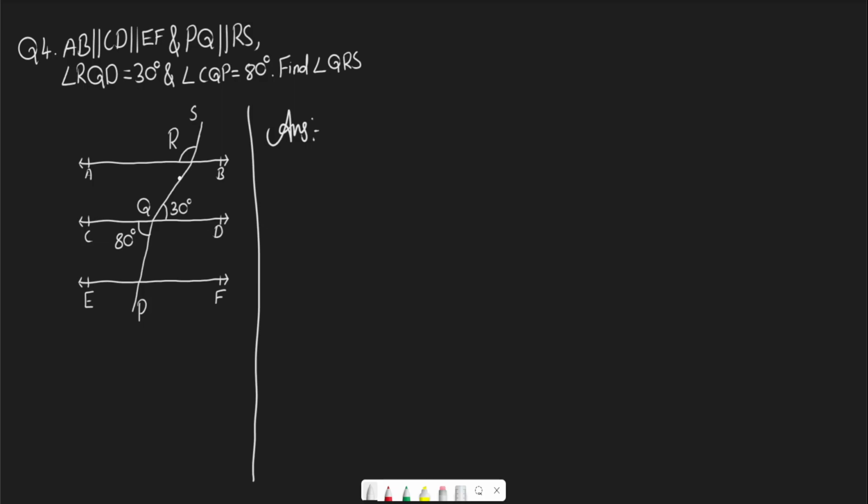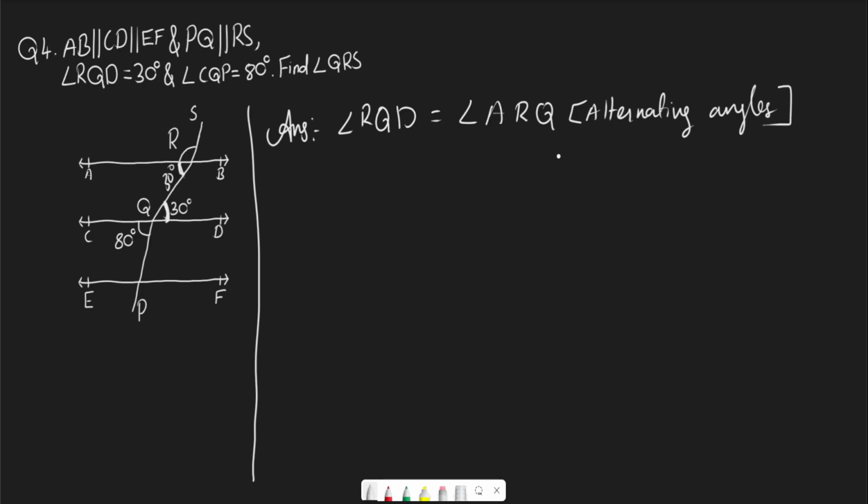So we know that according to alternating angles, this angle should be equal to this angle. We have to find this angle, so it's gonna be 30 degrees. So angle RQD is gonna equal angle ARQ because of alternating angles.